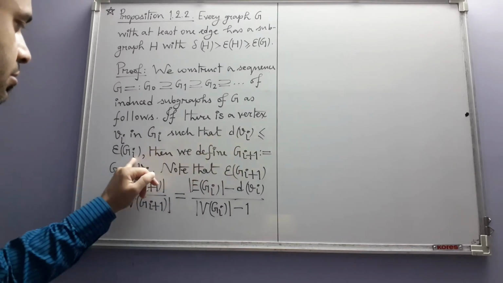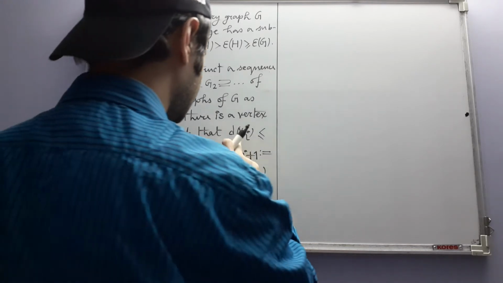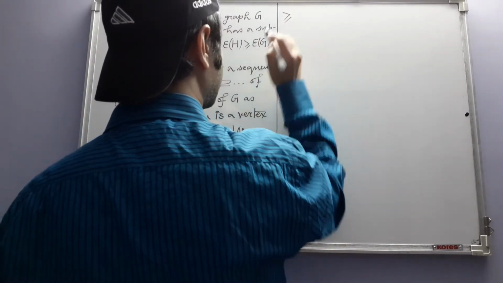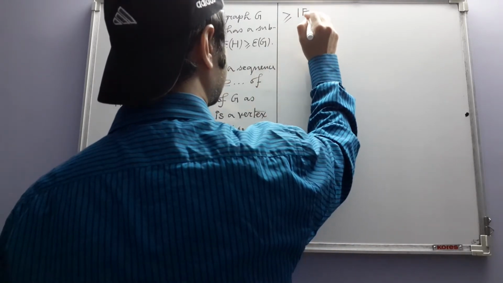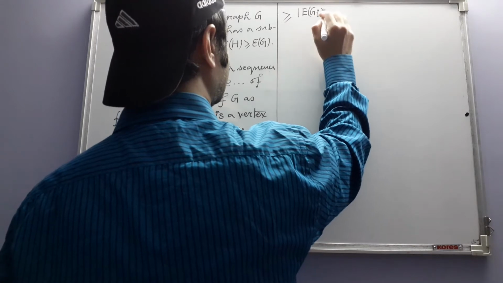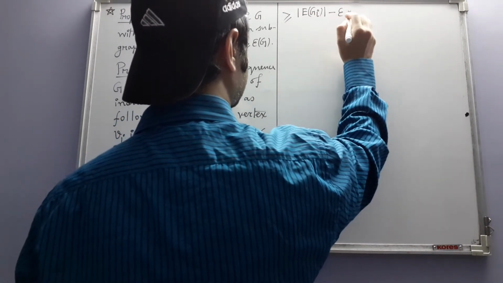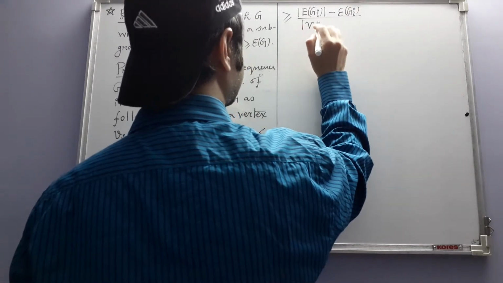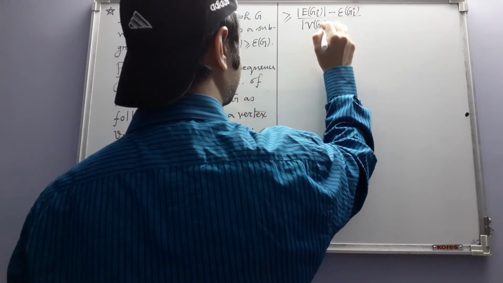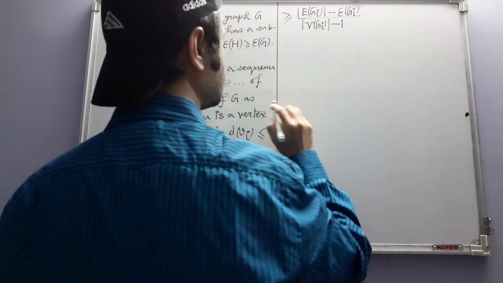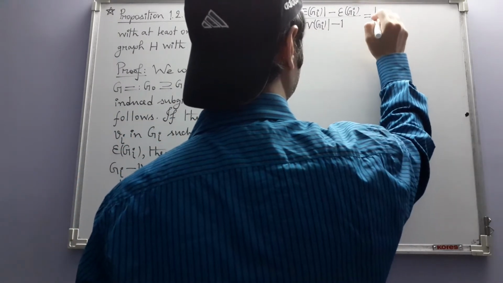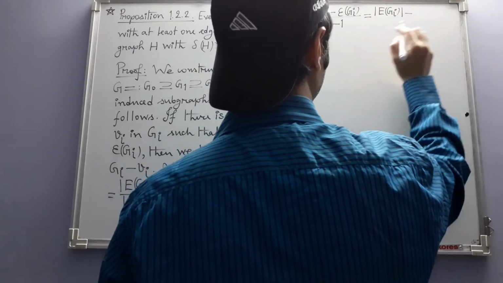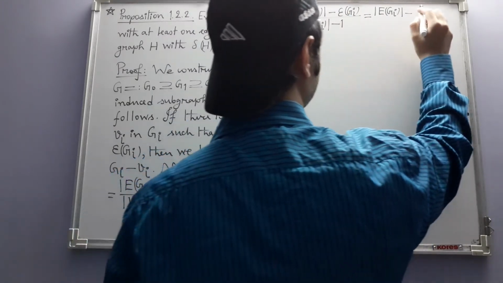Now we apply this inequality here. So this is less than or equal to this, so this thing will be greater than or equal to this minus epsilon of Gi divided by the number of vertices minus 1. Now we can apply the definition of average degree here.